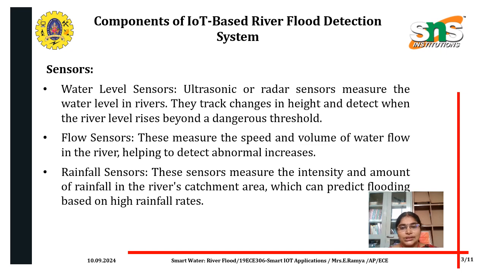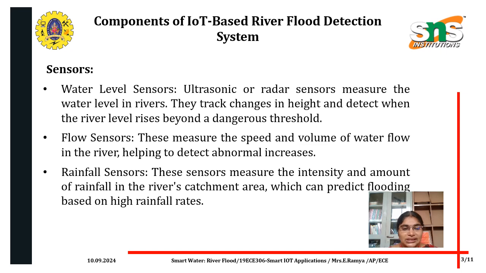Ultrasonic or radar sensors measure the water level in the rivers. They track changes in the height and detect when the river level rises beyond the dangerous threshold. I hope you understand how the water level sensor is used to identify the river flood.